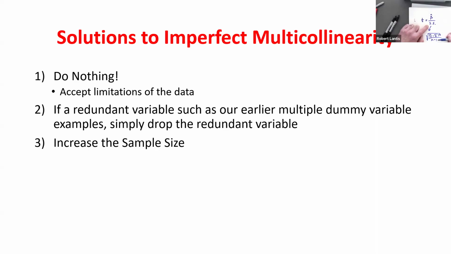The denominator is larger. I hope we know what happens to a fraction when the denominator is larger, guys, right? So when my denominator is larger, that standard error is going to go down. So if my standard error goes down, what's happening to my test statistic? If my test statistic is higher, what's happening to my p-value?